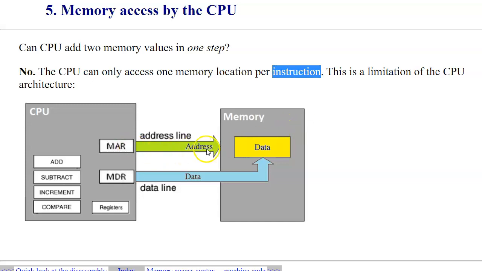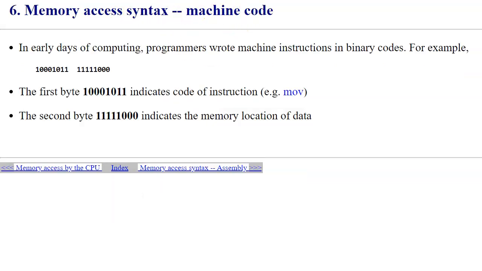It has to specify where in memory the data is, and use the data bus to communicate to that memory location. In other words, only one memory location can be accessed at any given step, which is represented by an individual CPU instruction. It's just a quick observation about memory access by the CPU itself.